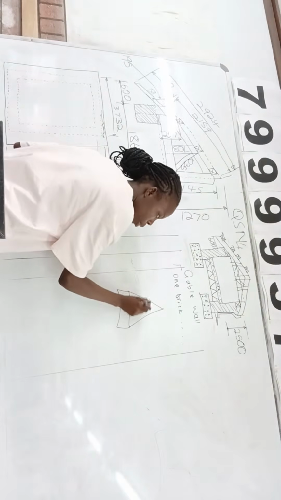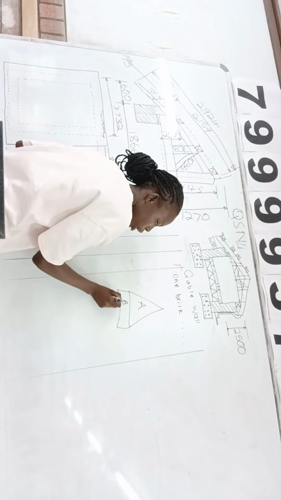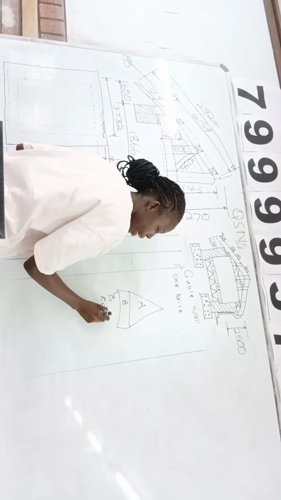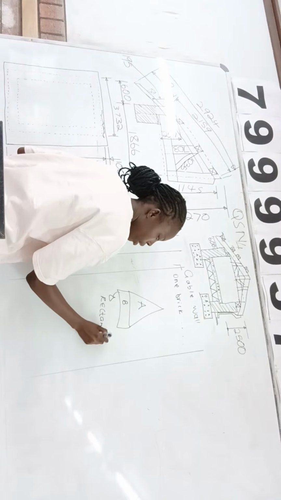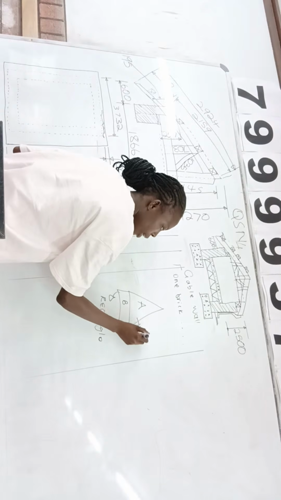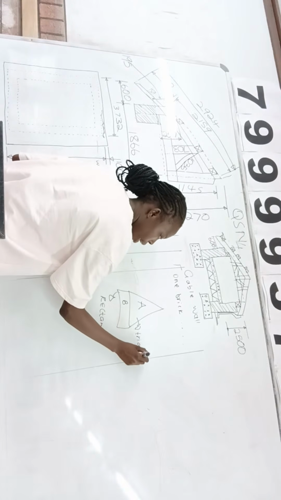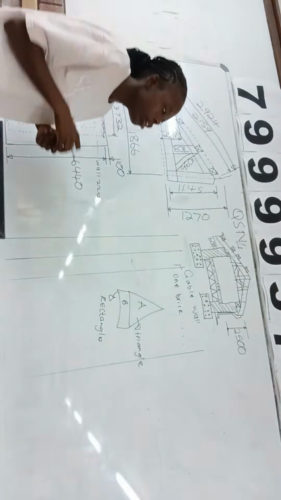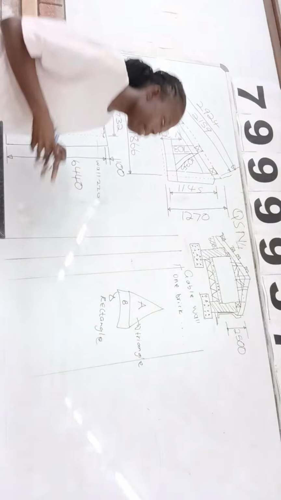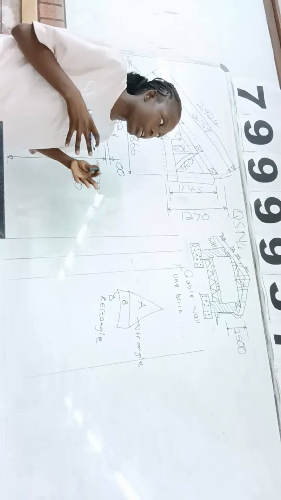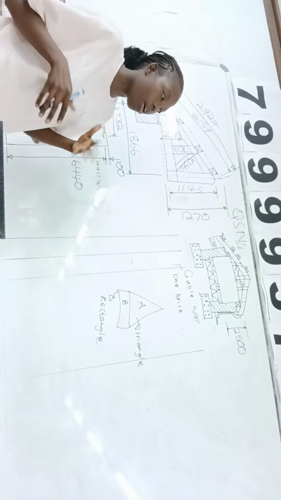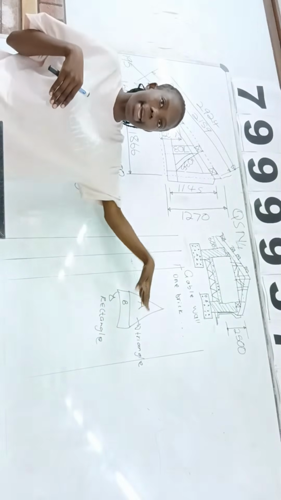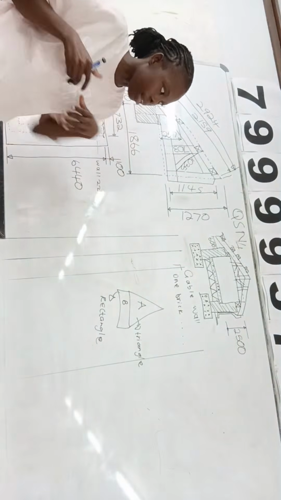It has shape A and then shape B. Shape B is called a rectangle. Shape A is called a triangle. So when you do a gable wall, you're going to take off both parts, the triangle and also the rectangle.